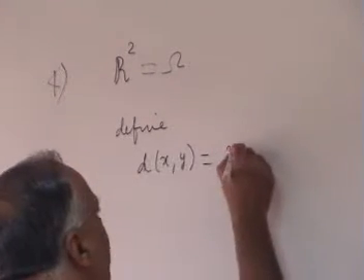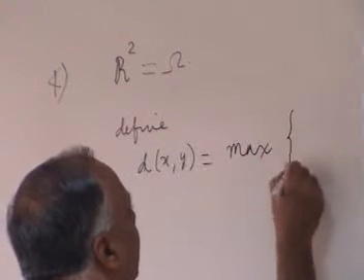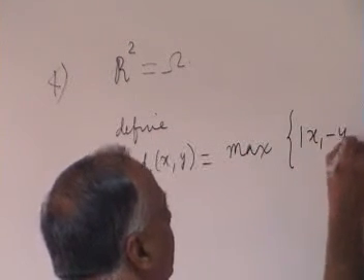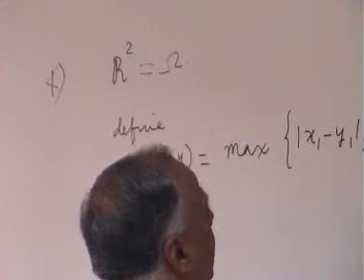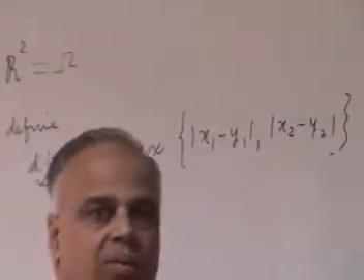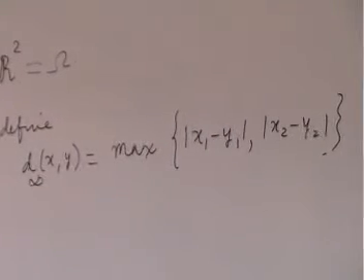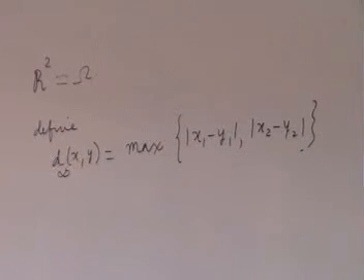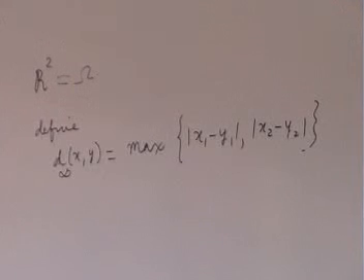So we define it as the maximum of |x1 minus y1| and |x2 minus y2|. We call it d infinity. Now again it is non-negative.